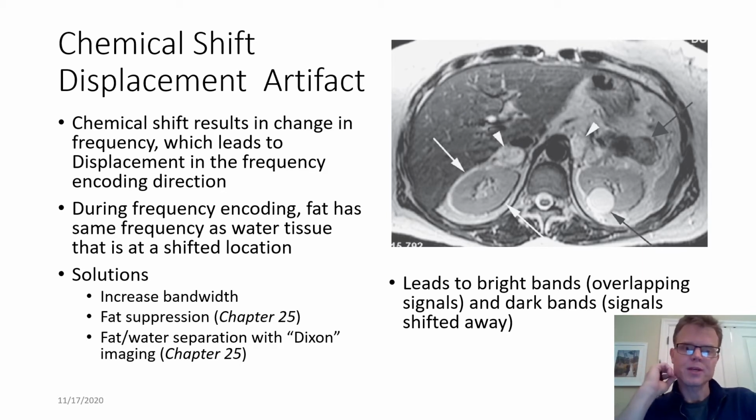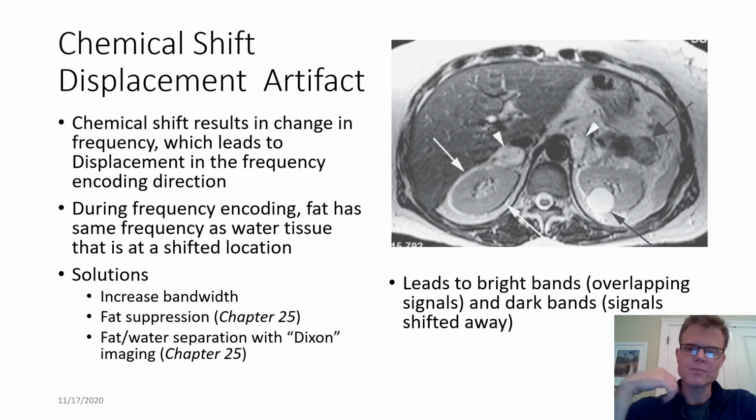We're going to get this displacement in the frequency encoding direction. Because fat has a different frequency, it will actually appear at the same frequency as a different location from water. I'll illustrate that more clearly in the next slide.